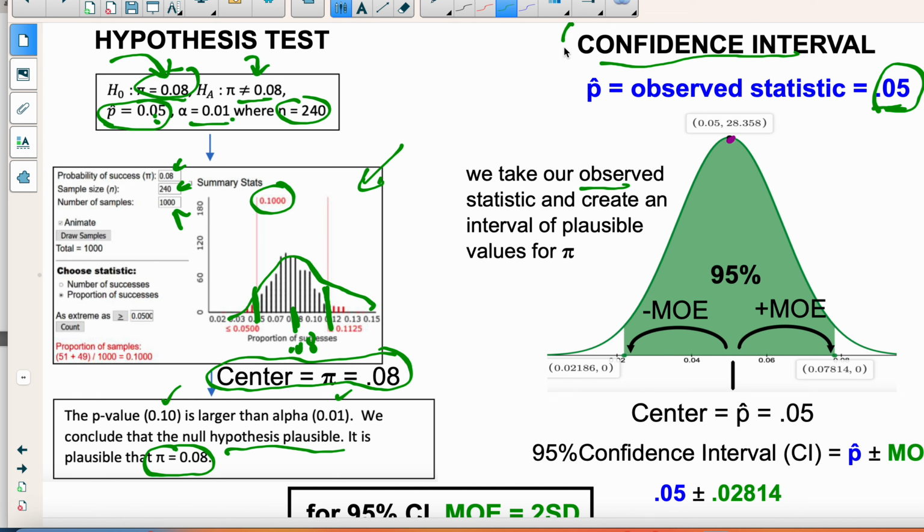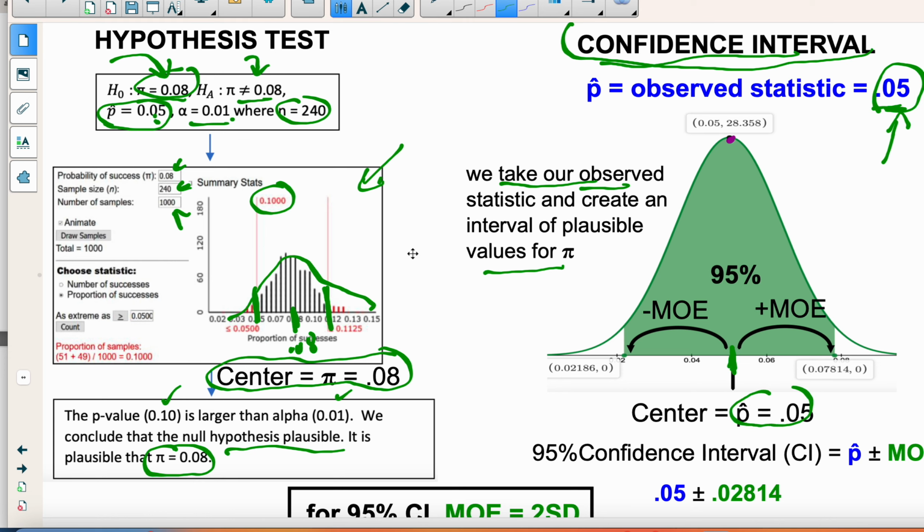We're trying to come up with an interval or a range of plausible values, not just for the 0.05. So we take that observed statistic and we create this interval. Now the center: we took a sample, my p-hat's 0.05.